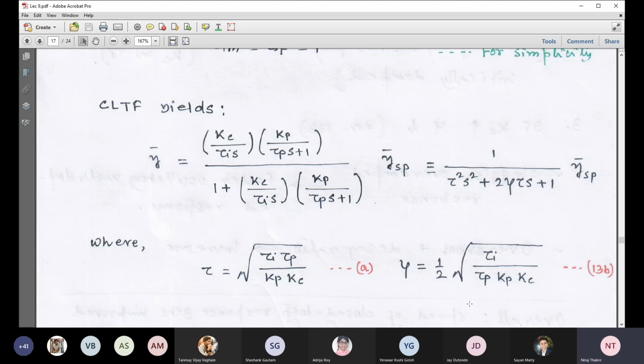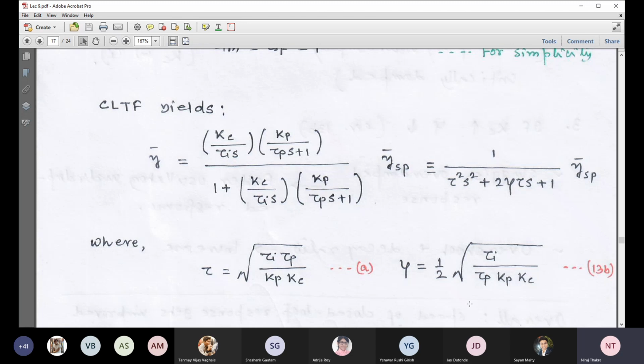Got? So you see, we have started with the first order open loop process, and we have ended with second order closed loop process.